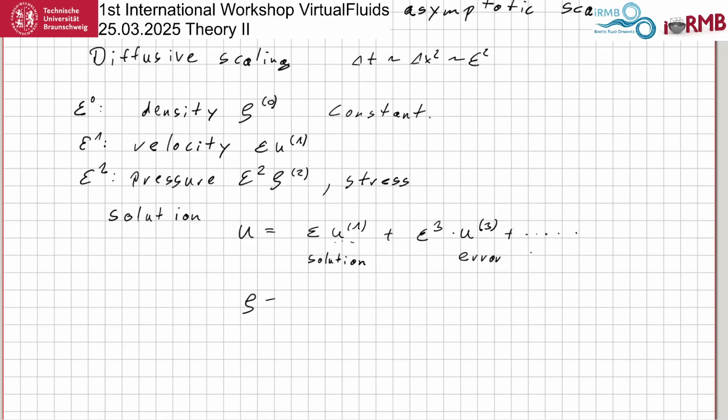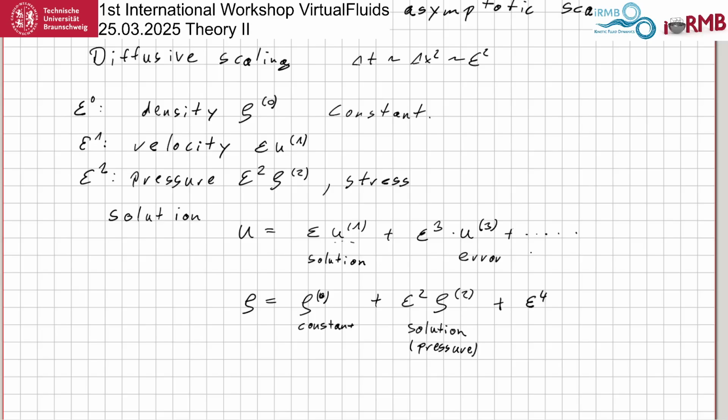And with rho, the density, it's similar. We get rho 0. This is a constant. Then we get epsilon square, rho to second order. So this is, up to a constant, the solution for the pressure, or the pressure variation.